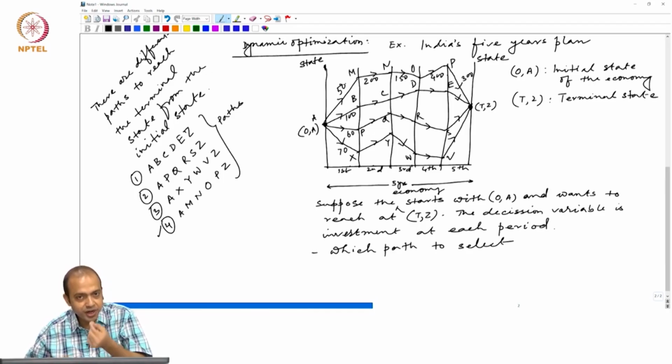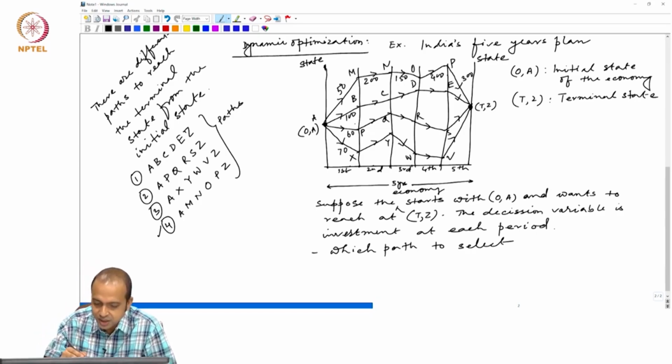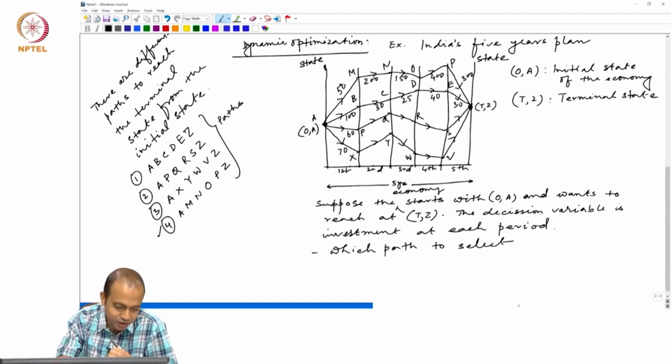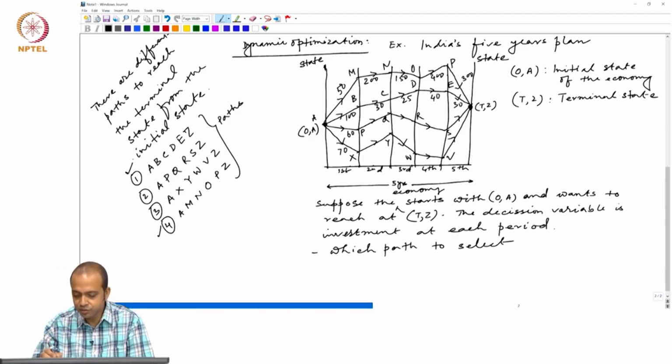So, instead of selecting the path based on a particular cost, we will select the path which minimizes the total cost of travelling from A to Z. In this case, even though this is 100, let us say the other components are very minimum. So, this A, B, C, D component might give the minimum cost of travel from A to Z. Okay.